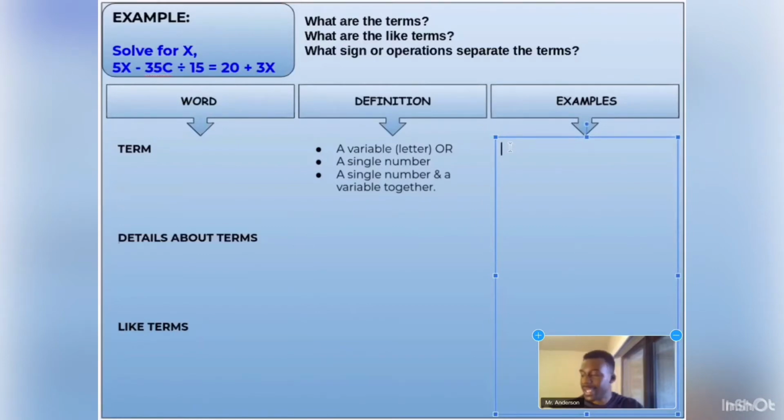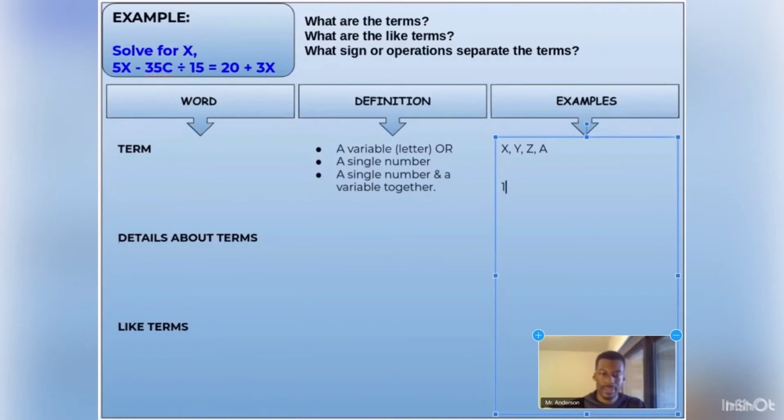So when I say a variable, what I mean is X or Y or Z, whatever letter you want. Let's say A. It really doesn't matter. Any letter, okay?